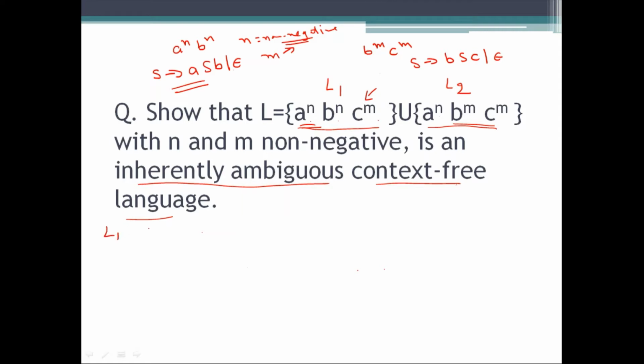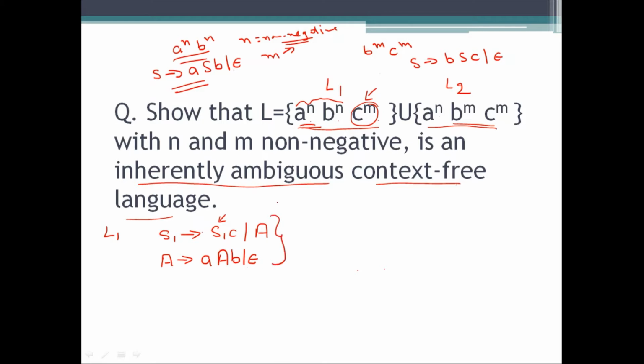So for L1 the productions are: S1 is rewritten as S1C, C for this part, and we use S1 for repeating this thing. Another variable A is going to be replaced for S1, and then this construct that we have used for a^n b^n. So A is rewritten as aAb or epsilon.